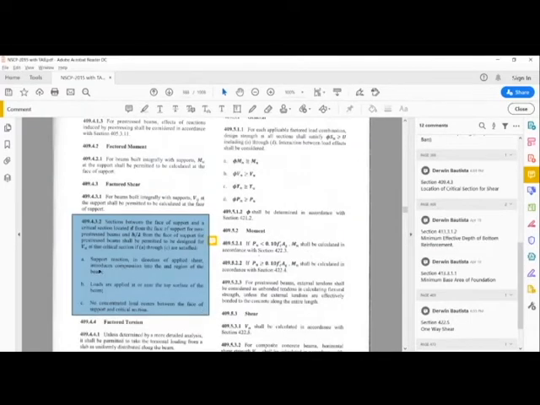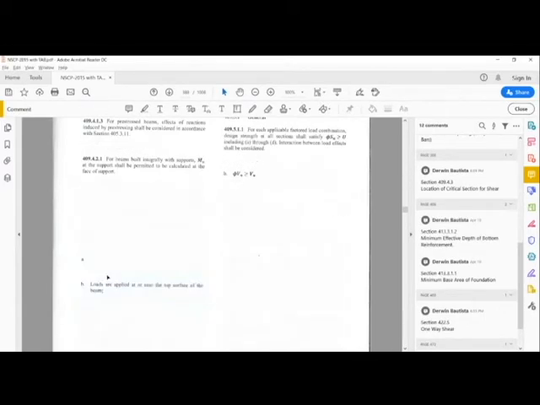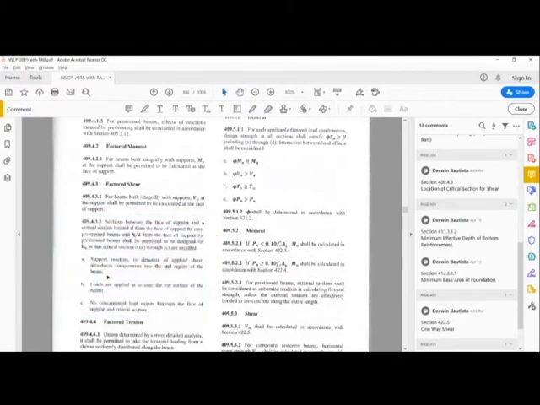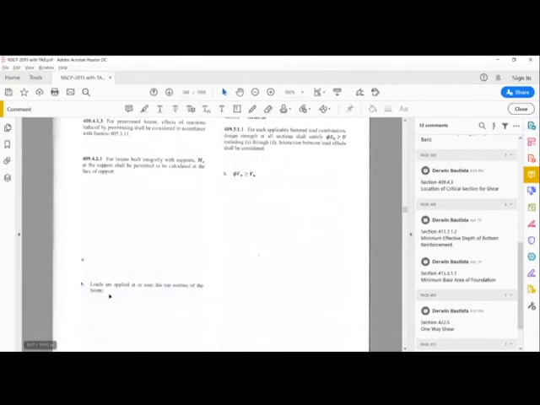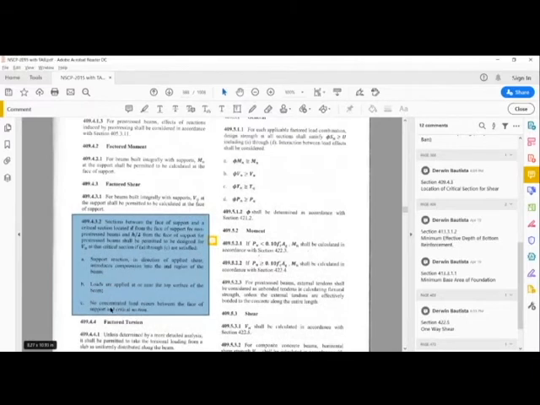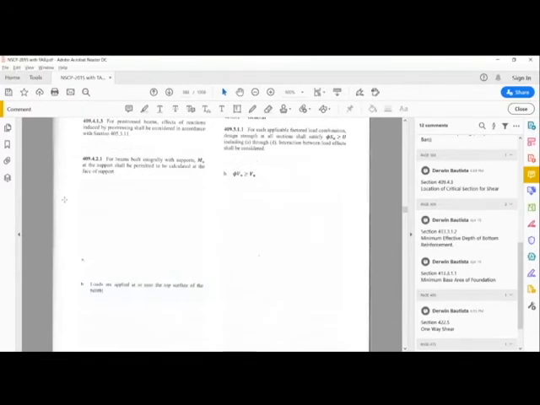Number 1, letter A: support reaction in direction of the applied shear introduces compression into the end region of the beam. Letter B: loads are applied at or near the top surface of the beam. And third condition, letter C: no concentrated load occurs between the face of the support and the critical section. So here are the conditions written.